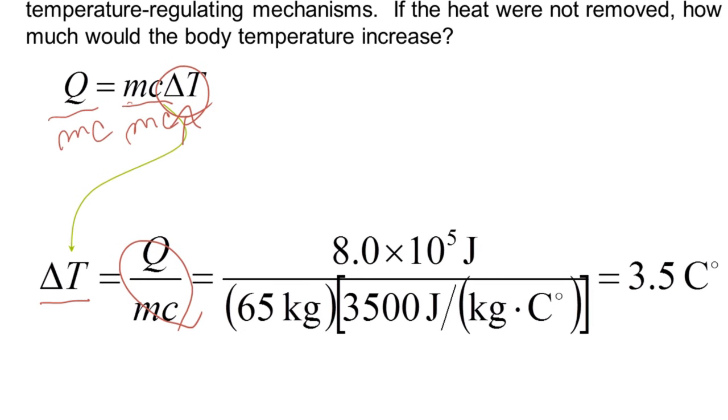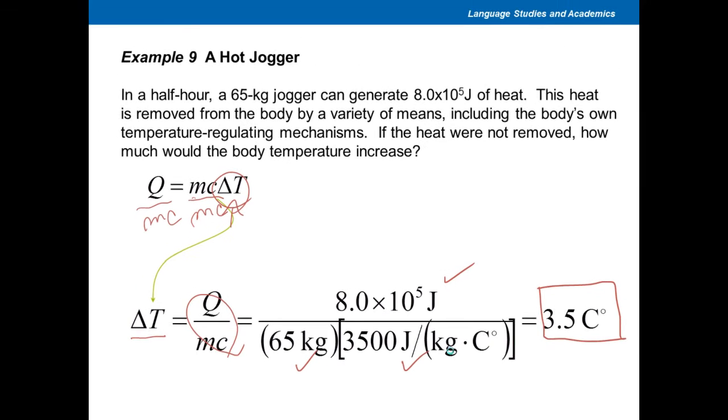Plugging in our values for the energy, the mass of the person, and the specific heat capacity of a person, C, we get a change in temperature of 3.5 degrees Celsius.